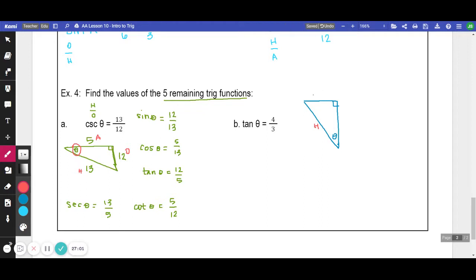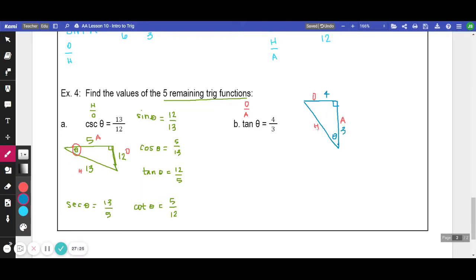Sitting across from me is opposite. And my neighbor right next to me is adjacent. Tangent, TOA, opposite over adjacent. That means that 4 is the opposite side, 3 is the adjacent side.